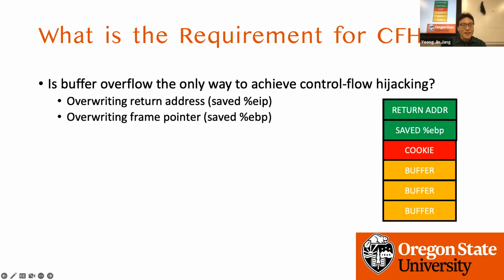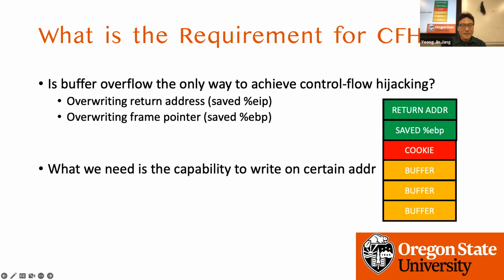With any method, if we can override the frame pointer, that also allows control flow hijacking. The capability we actually need is writing data to a certain address. So without filling the buffer, without smashing the cookie, if we can directly overwrite the return address, that allows us to hijack control flow.